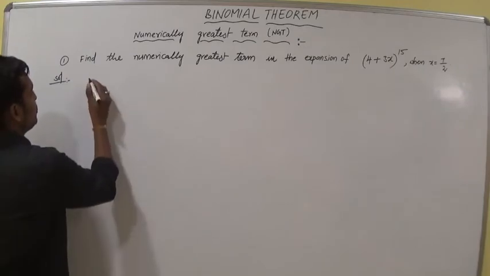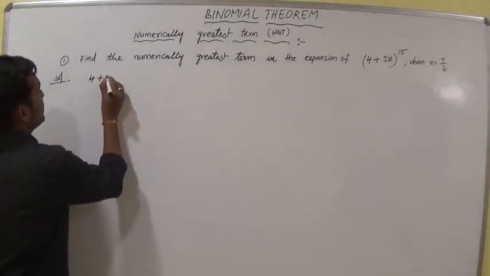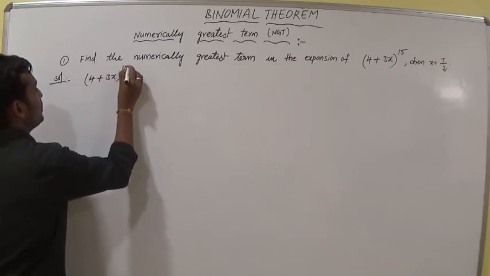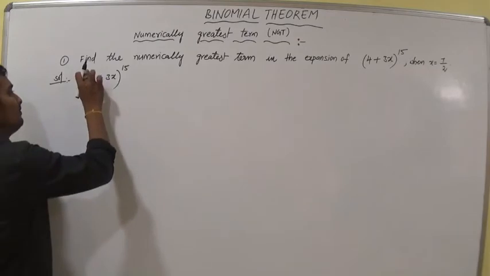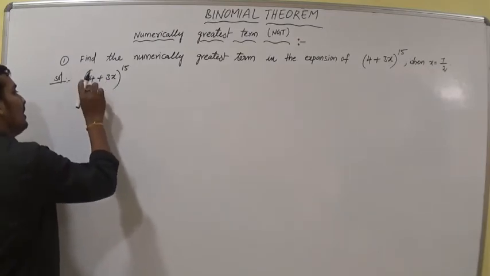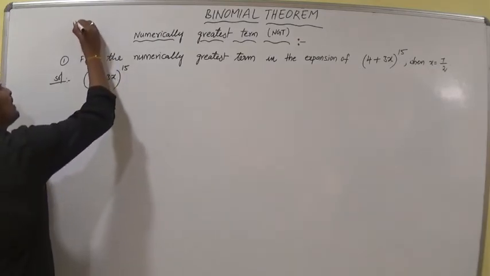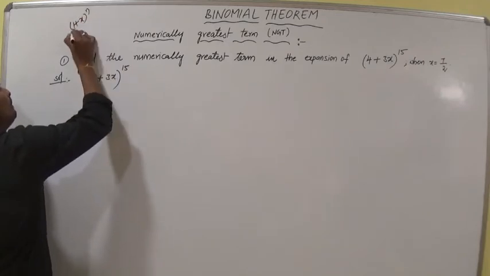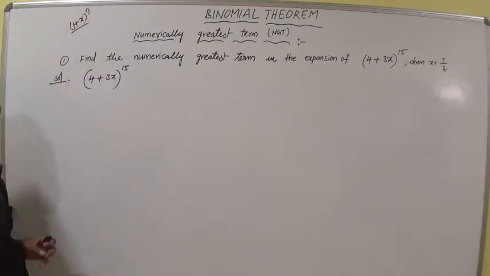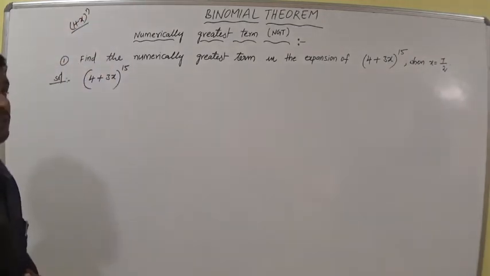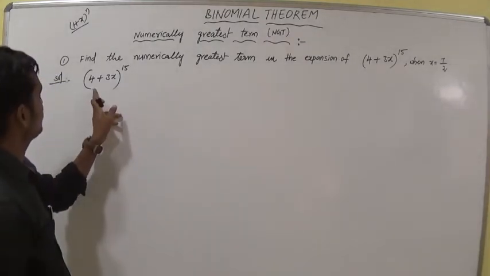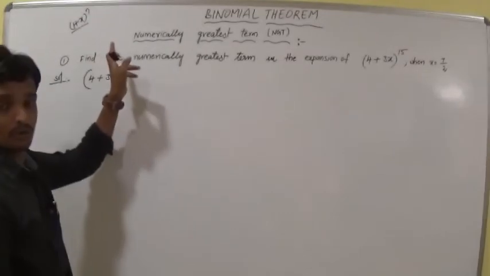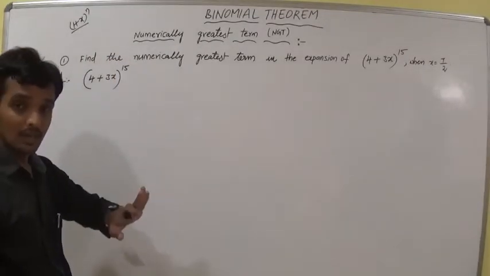They are giving (4 + 3x) whole to the power of 15. We learnt (1 + x) to the power n, but this is in the form of (4 + 3x)^15, so we get confused. It is not in the form of (1 + x)^n, but we can change it like that.